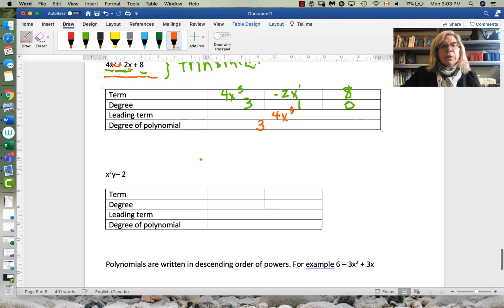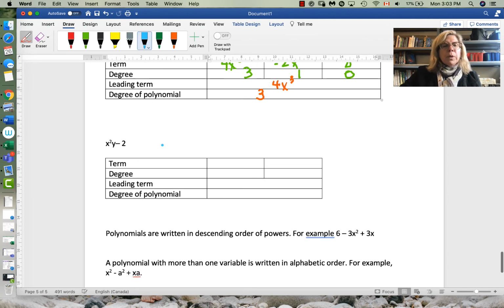Okay, let's try another one. Okay, is this one a monomial, binomial, trinomial? You have x squared y, but that's really just a single term. So in this case, it's a binomial. And it has 2 terms. So term 1 is x squared y, and term 2 is negative 2.